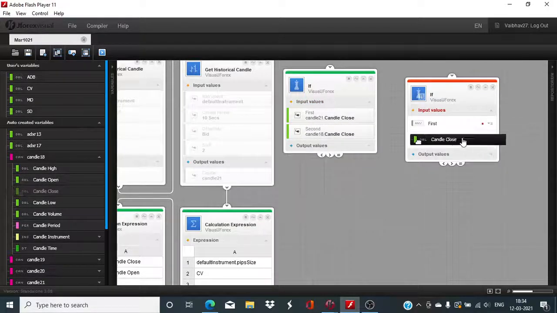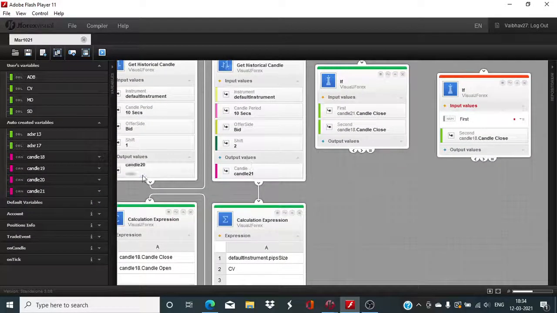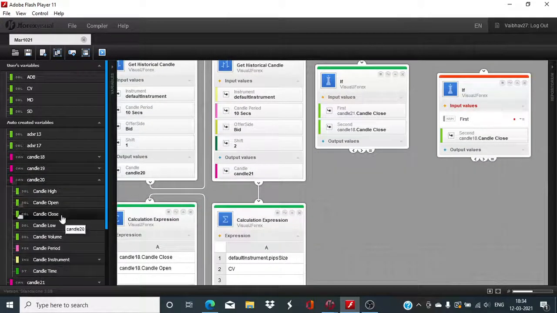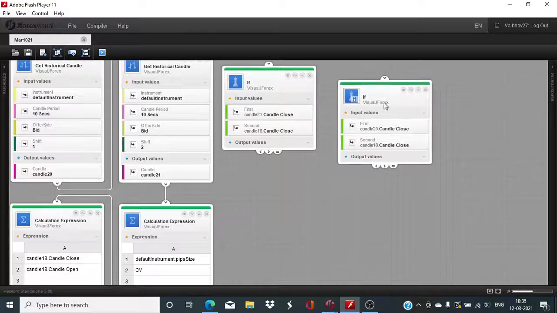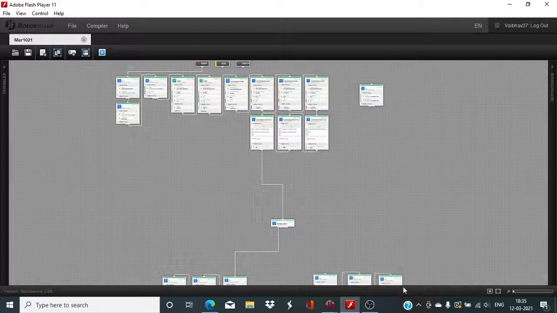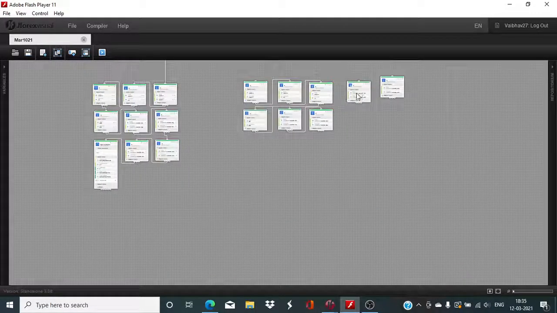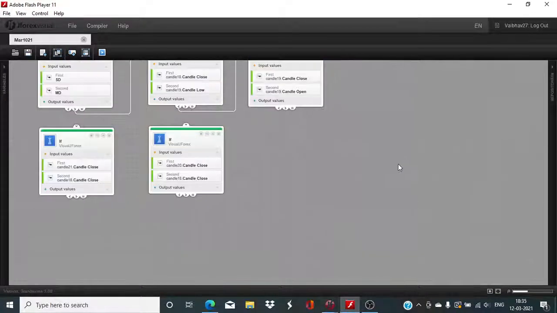and candle 20's close to be below it. Alright, let me join this.